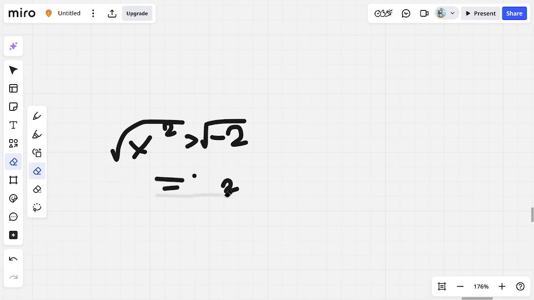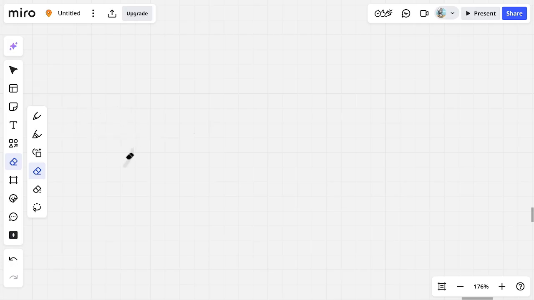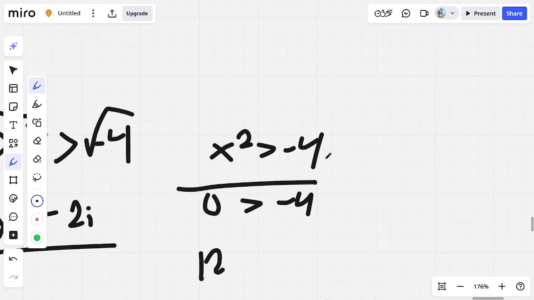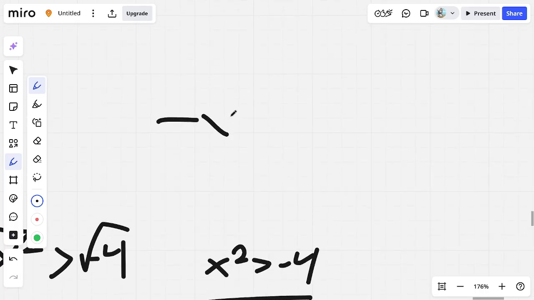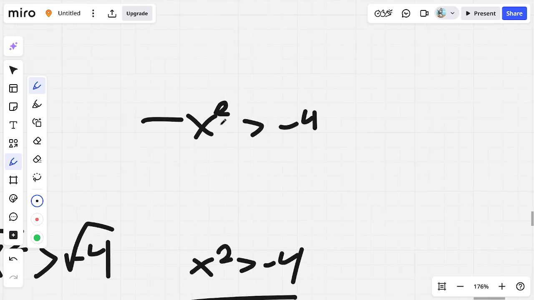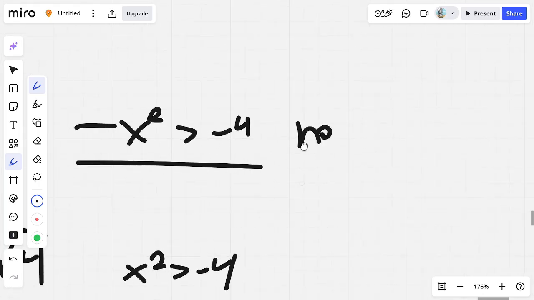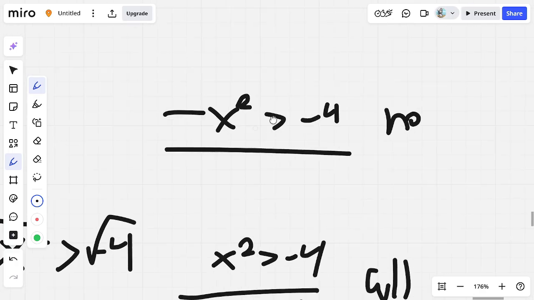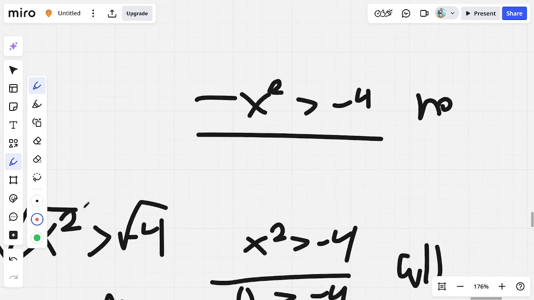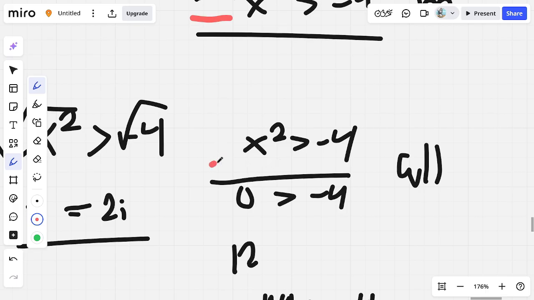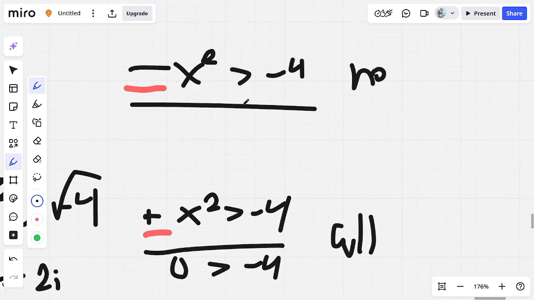That is still all solutions. If we have negative x squared is greater than negative 4, this has no solutions, but the other has all solutions. It's really dependent on the sign. I'm not sure if it's going to come up on the exam, but it's good to know the imaginary numbers.